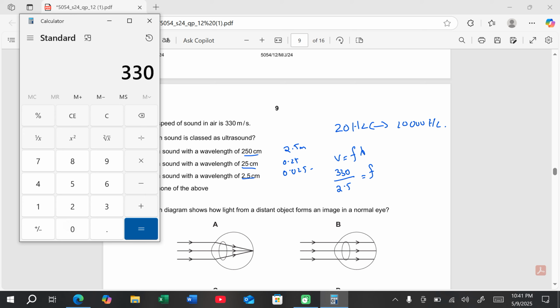So 330 divided by 0.025, that's 13,000. That's still not in the range, so none of the above.